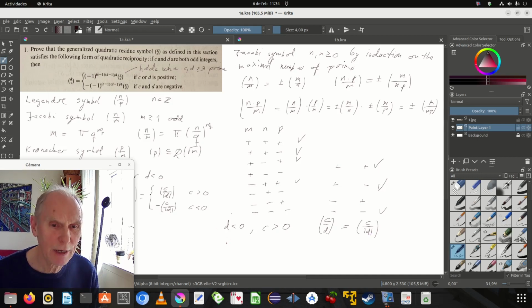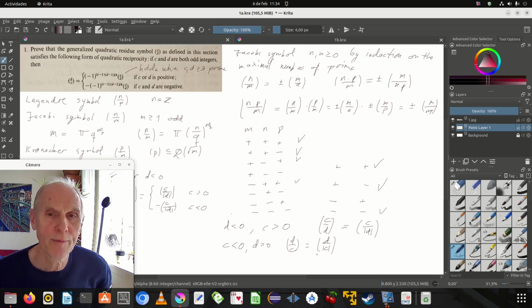Well, let's rather try the other one. Then the left-hand side is the same as d modulo d over the absolute value of c.